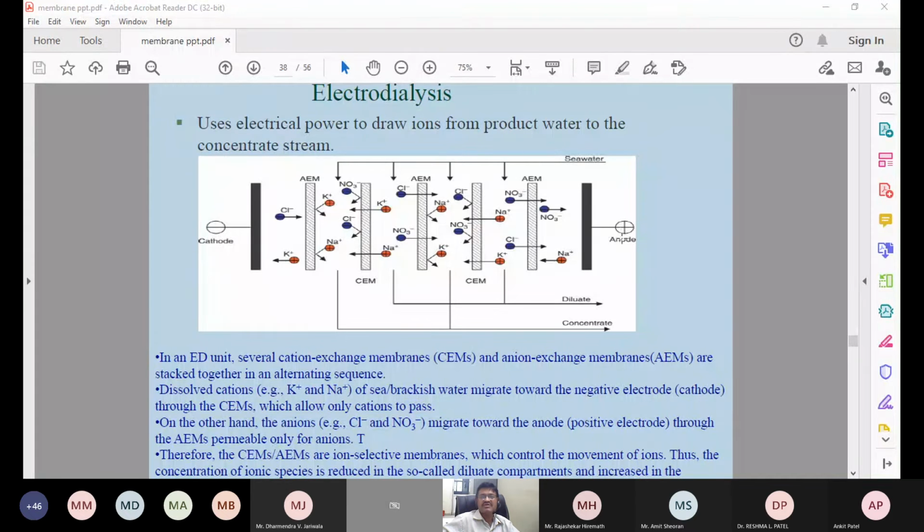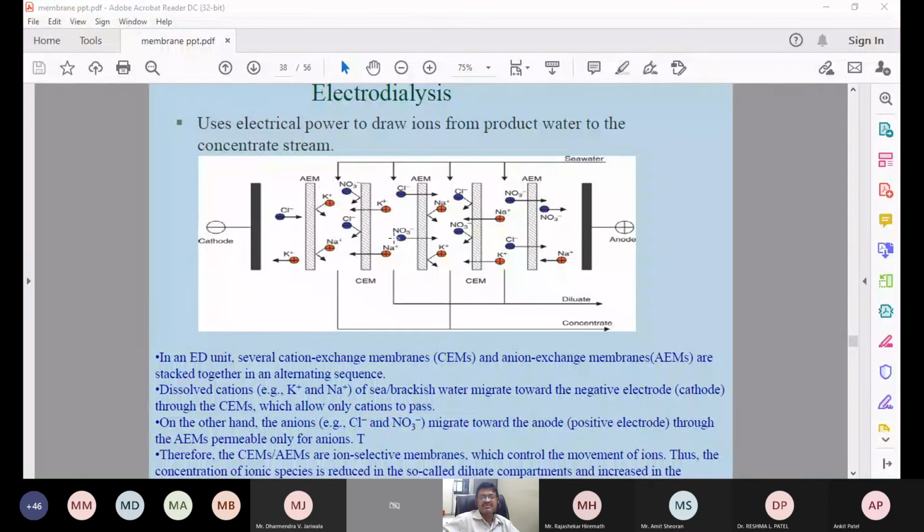Because the anode is there, therefore whatever anions are there tend to move this side. Cations will tend to move this side, because the cathode is here. Now NO3-, if it wants to move this side, there is a cation exchange membrane, it will not allow it. So this will come here. This cation will try to move through the anion exchange membrane, it will not allow it. It will come back.